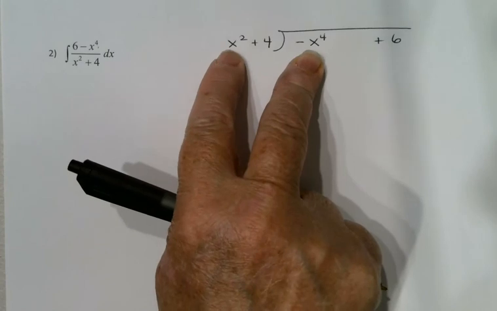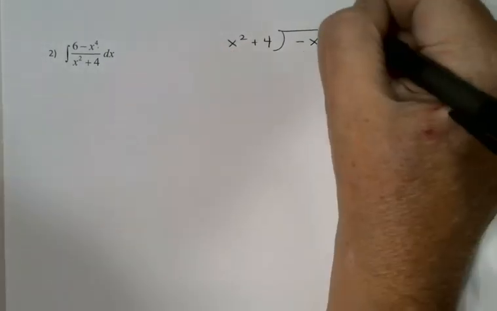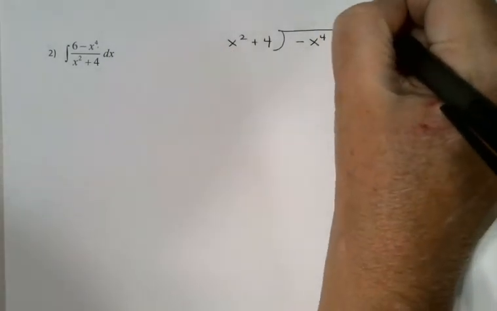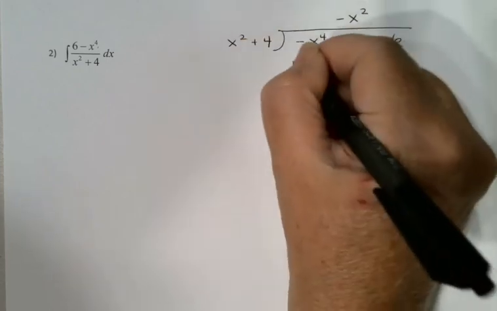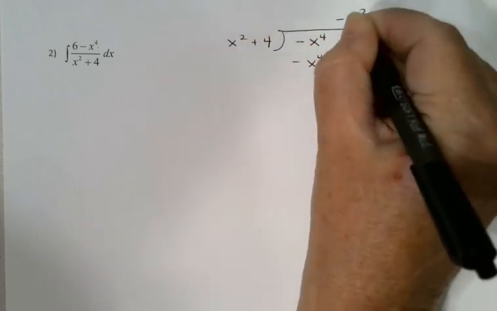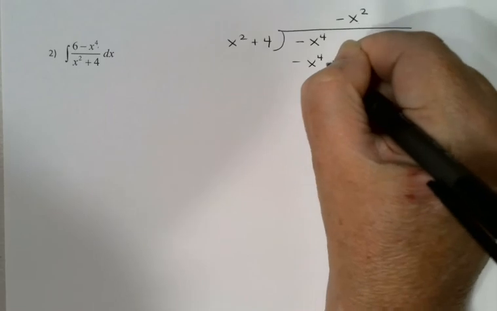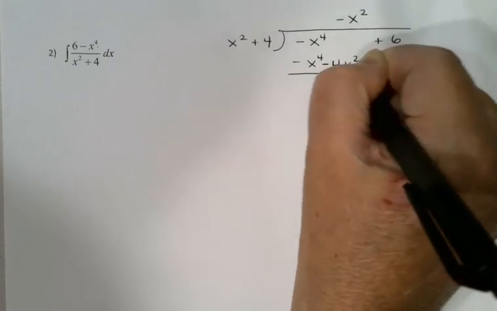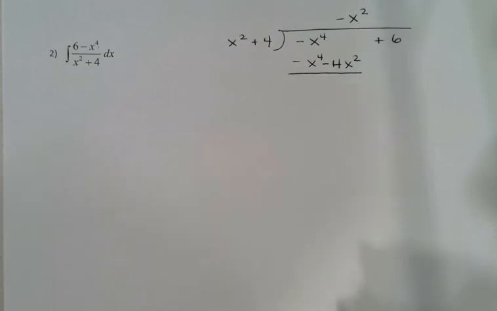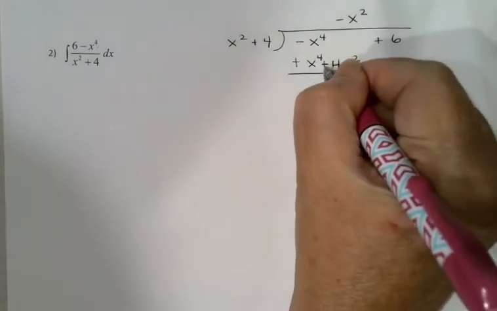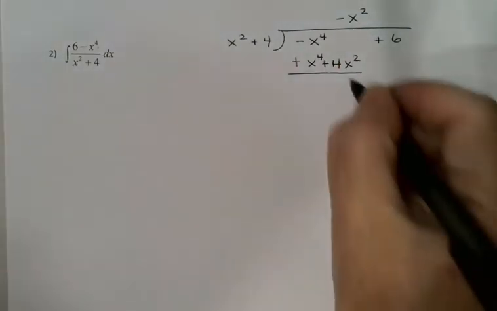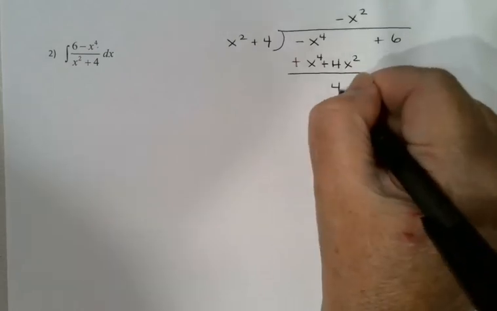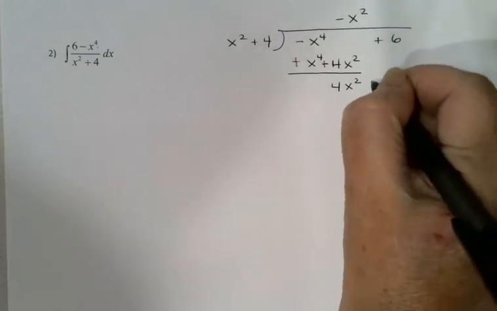Negative x to the 4th divided by x squared would be minus x squared. Multiplying would give me negative x to the 4th, or excuse me, minus 4x squared. I do want to subtract, so I'll change both of those signs. And that's going to bring down this 4x squared, and that plus 6.